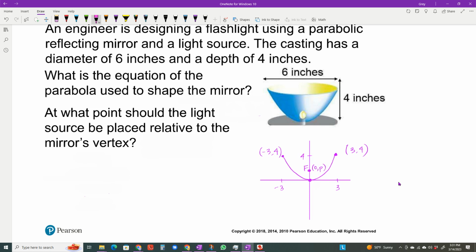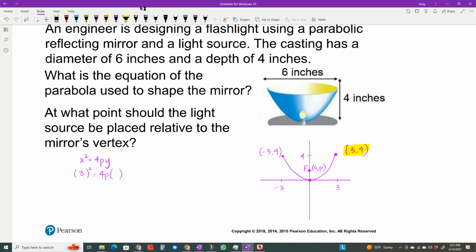The parabola goes up, and if it goes up, then I'm going to have x squared equals 4py, and I'm going to plug in a point. The easiest point to pick is this one right here. I don't want to pick 0 because if I pick 0, it's not helping me find p. So I'm choosing (3, 4) because they're both positive.